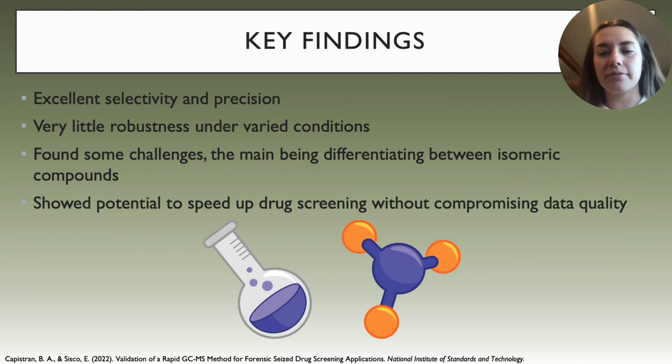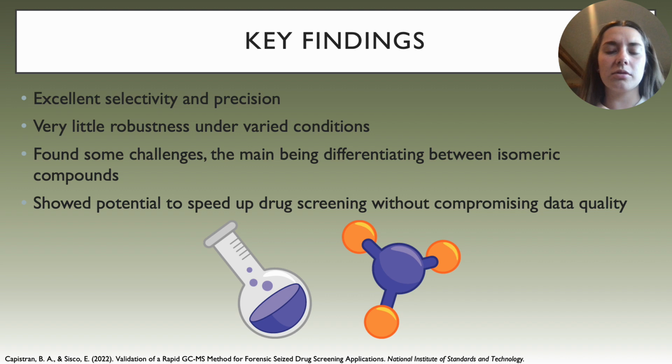So the major key findings in this validation study was that the GC-MS instrument has excellent selectivity and precision. They were able to identify very small substances in a mixture and also get the same results over and over again.